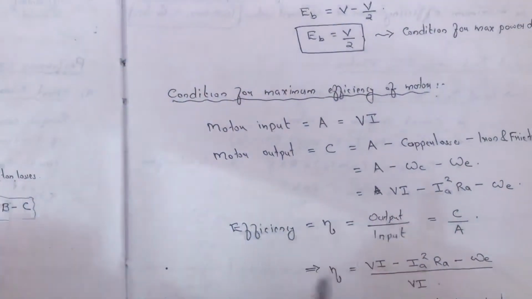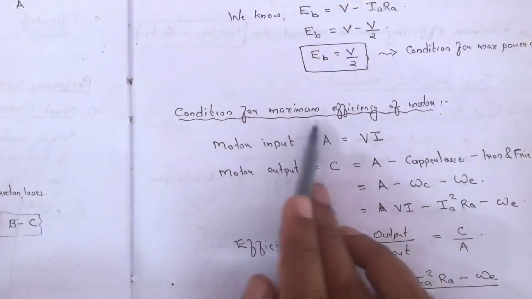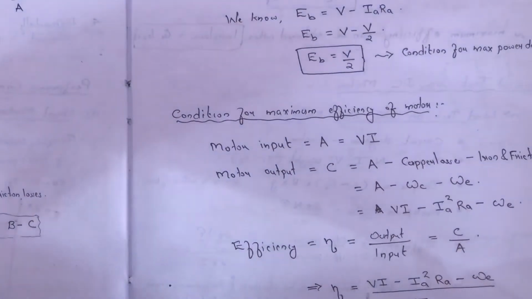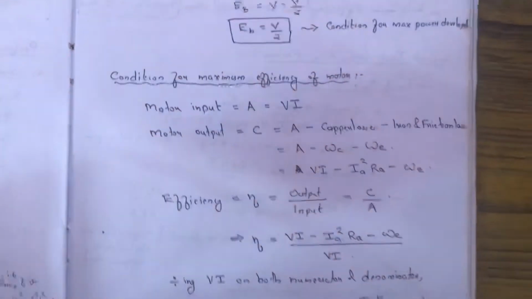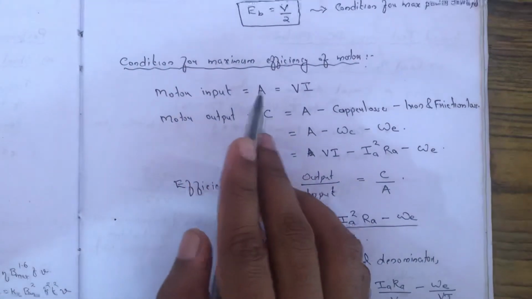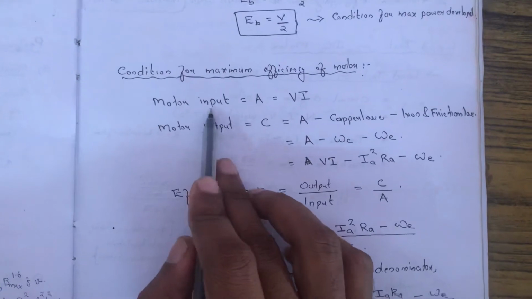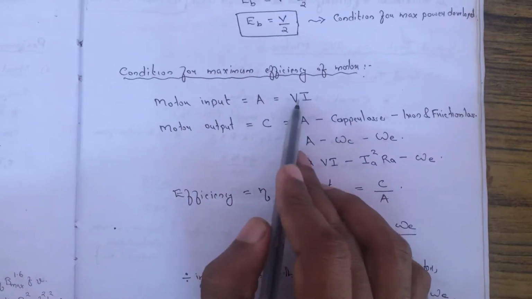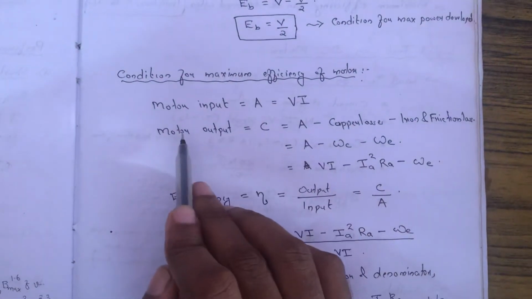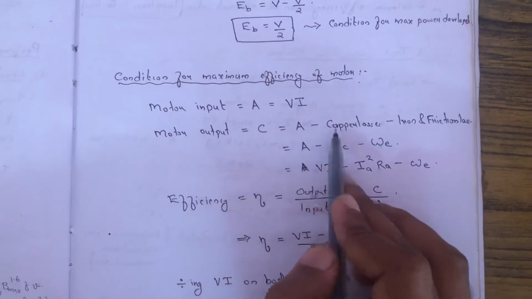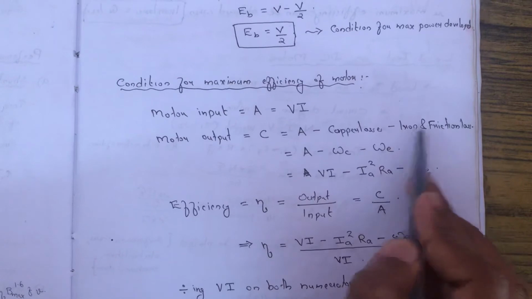Next, we can see another derivation, that is the condition for maximum efficiency of a DC motor. Efficiency is the output power by input power. The motor input power, stage A, is equal to V into I. The motor output power, stage C, is equal to A minus copper loss minus iron and frictional loss.